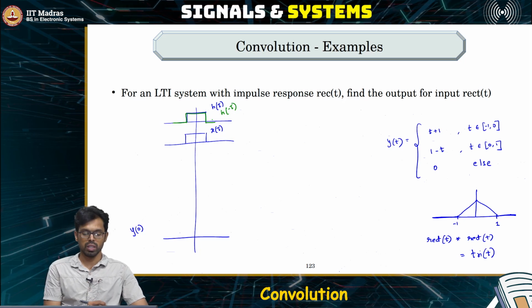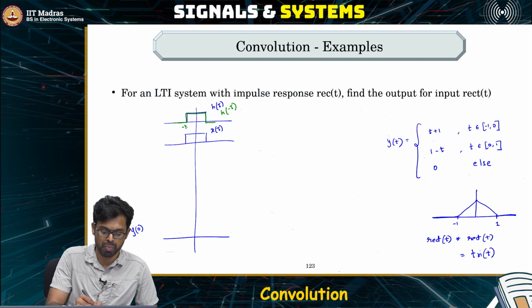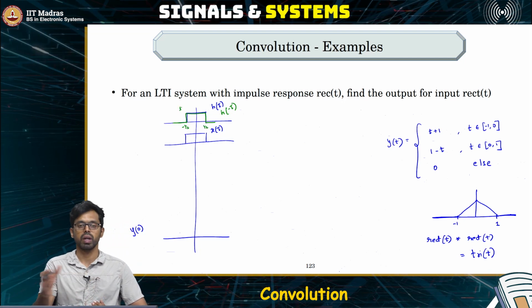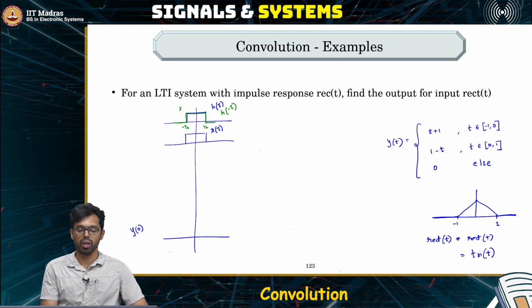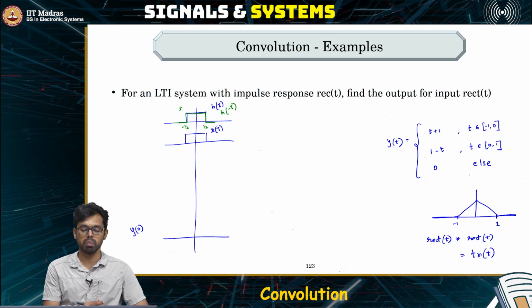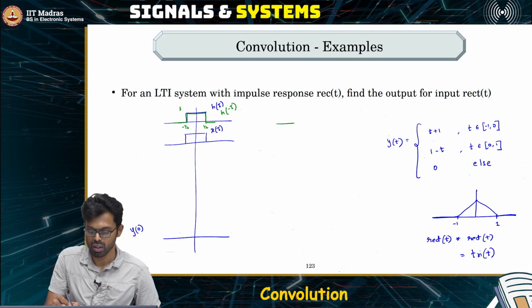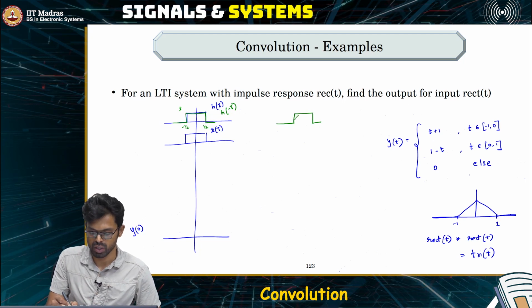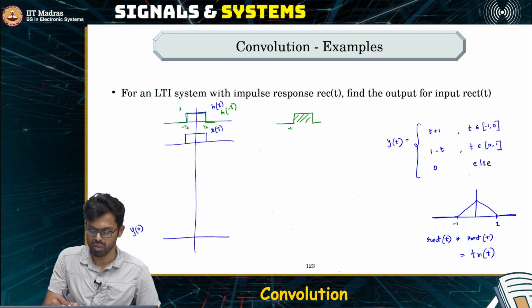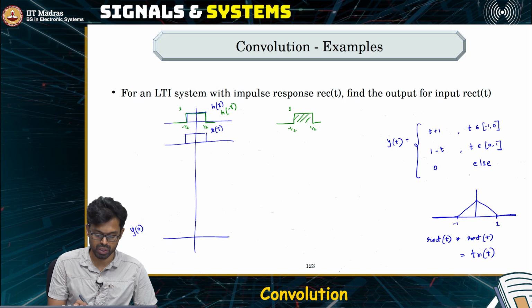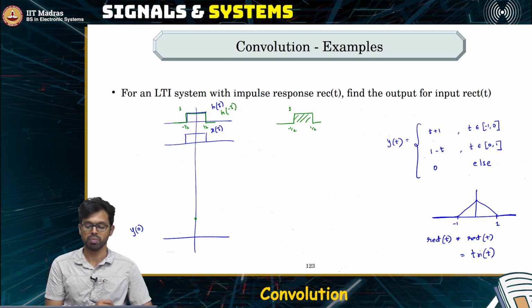So you multiply these two signals, which is nothing but the same signal again, because it exists from minus half to plus half and the amplitude is 1. Now y of 0 is nothing but the area under this product. The area under this curve is 1. So y of 0 is 1.